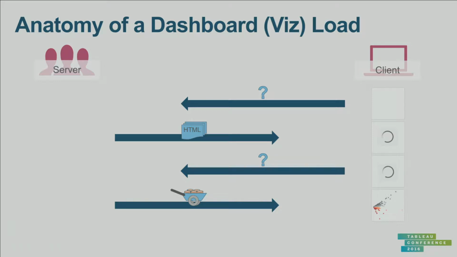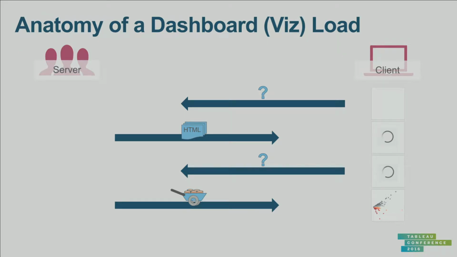I think it's really important as we dive into this level of detail to have an understanding of how Tableau works behind the scenes, how a dashboard actually gets loaded when our server and our client communicate. Now I'm a developer, I'm not a graphic designer, so hopefully this is legible.